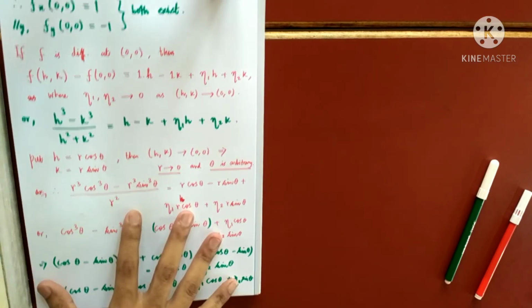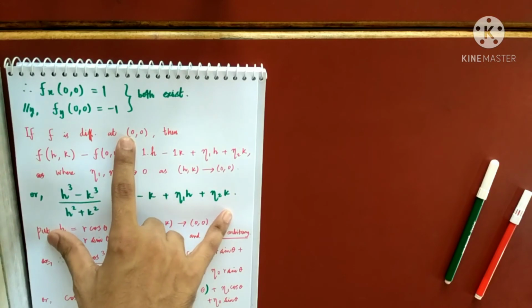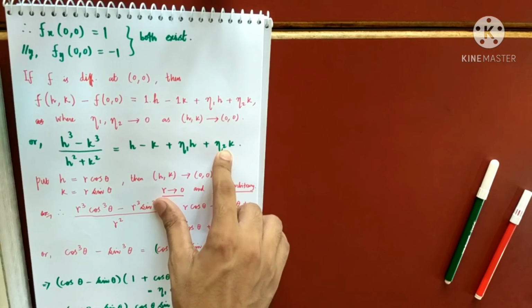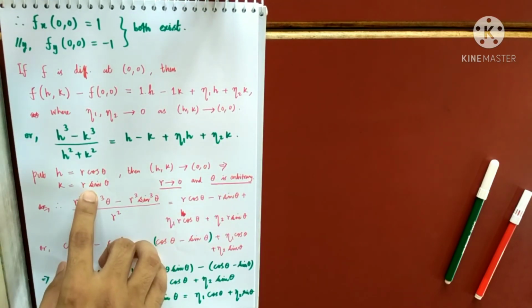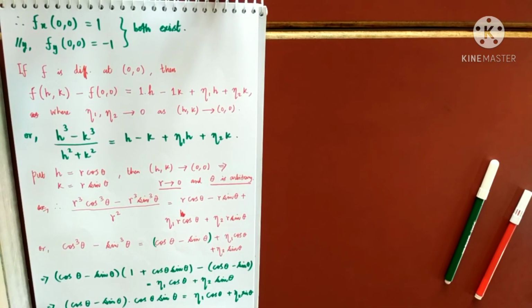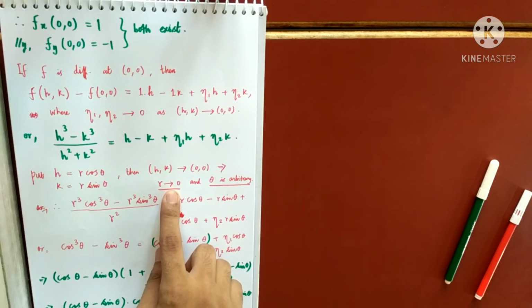I'll take 2-3 more minutes. If f is differentiable at 0, 0, this should hold as h comma k tends to 0, 0, when I'm putting h and k like this. Now let's put h comma k tends to 0, 0 here, which is equivalent to saying r tends to 0.